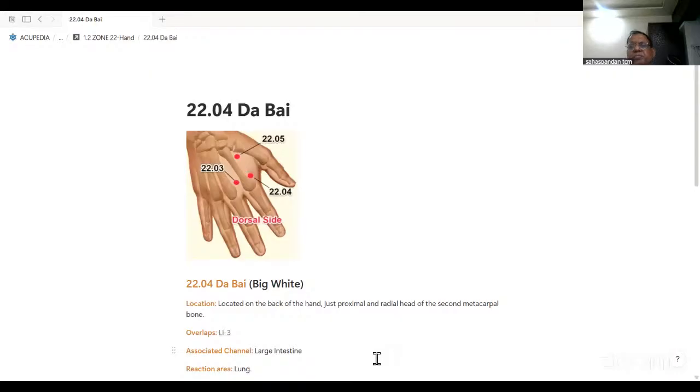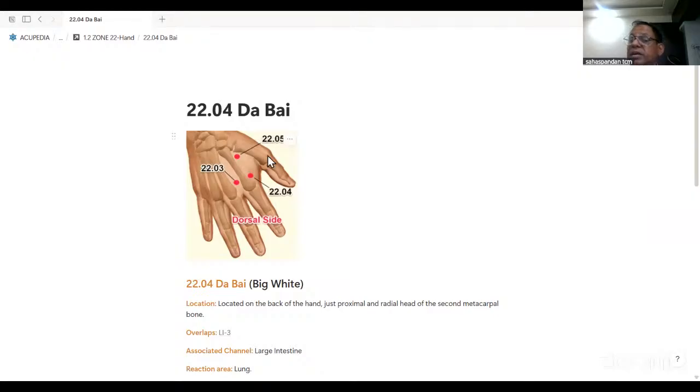Okay, this is the dabai 22.04. This is Li3 in the TCM. In master tung points, it is the dabai 22.04. And 22.05, this is the lingu.